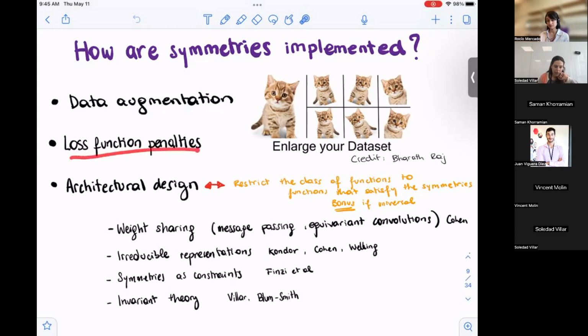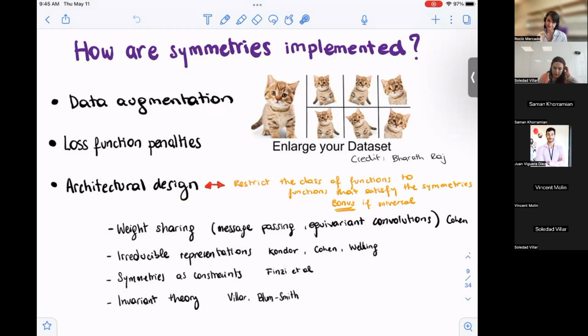There's also some way of promoting symmetries by doing some loss function penalties. This has to do with the connection between conservation laws and symmetries in physical systems. But what I'm going to focus on today is how to do it through architectural design. So how can we restrict the class of functions to satisfy the symmetries?